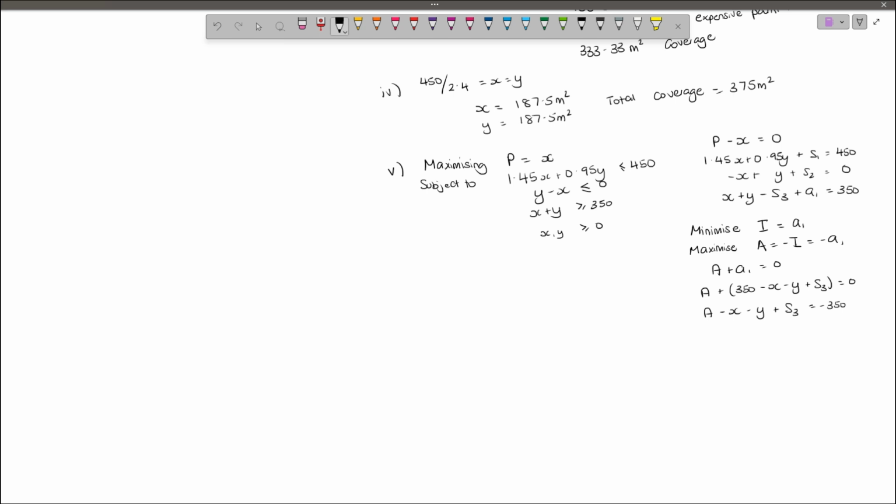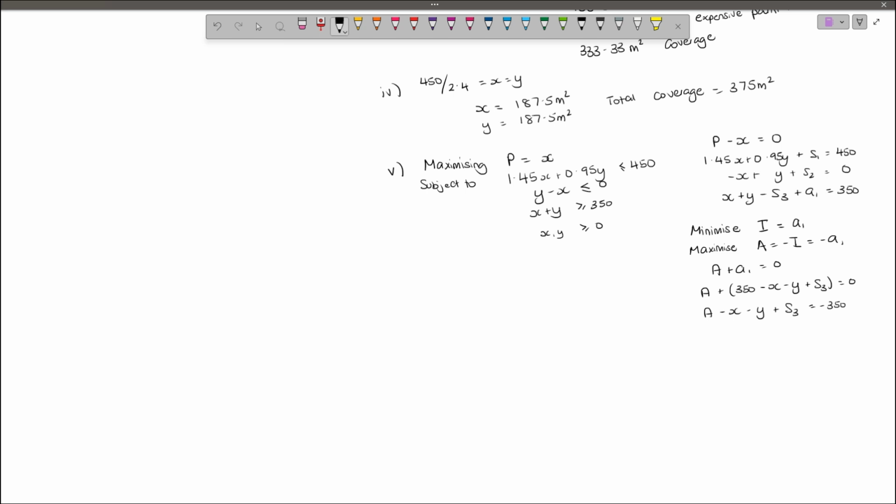Now that I've said that, I'm looking at the mark scheme and I see that I appear to have not got the correct answer. So let's double check. We want to minimise I is equal to a1. We want to minimise our artificial variable. That would result in maximising the negative of our artificial variable.